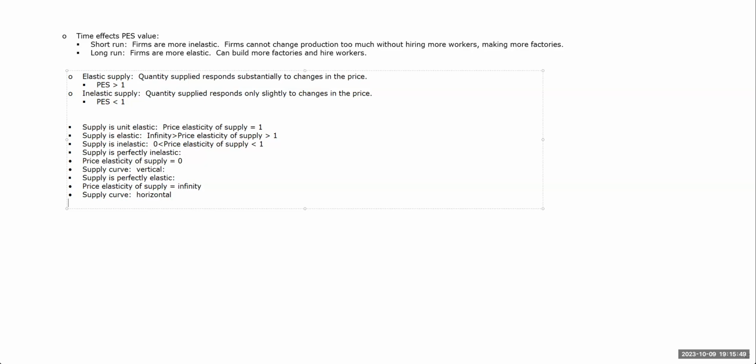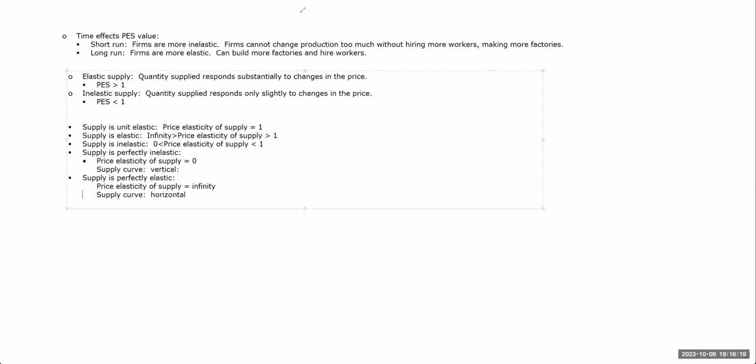And we say supply is perfectly inelastic if price elasticity of supply is equal to 0, the supply curve is vertical. And we say supply is perfectly elastic if price elasticity of supply is infinity and its supply curve is going to be horizontal.